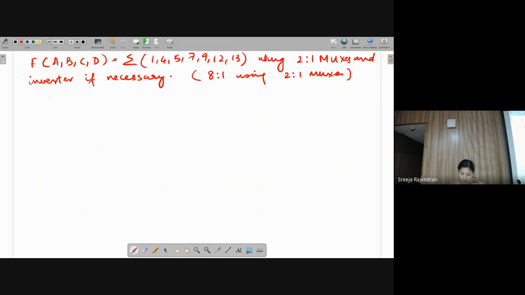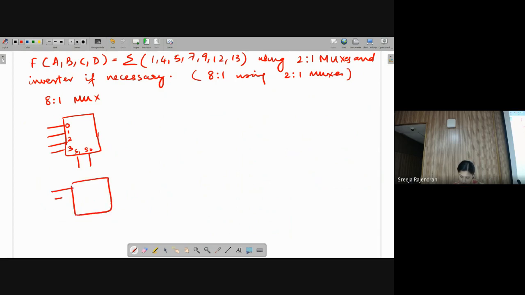If I want to implement 8 is to 1 mux using 2, 4 is to 1 mux, suppose this has 4 inputs, 0, 1, 2, 3, and 2 select lines, S1, S0.